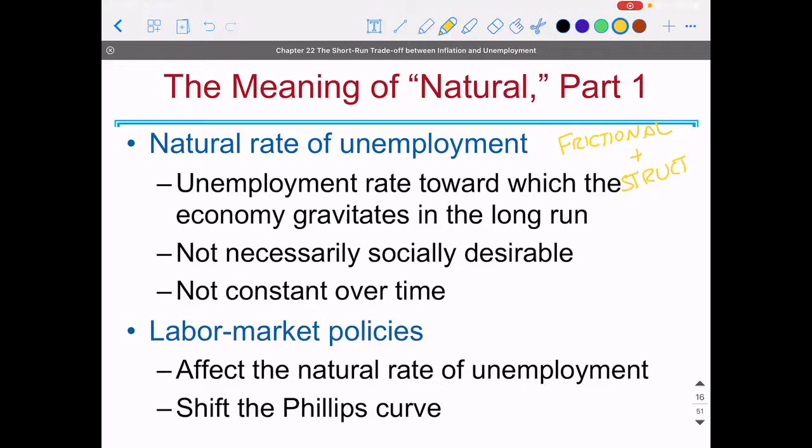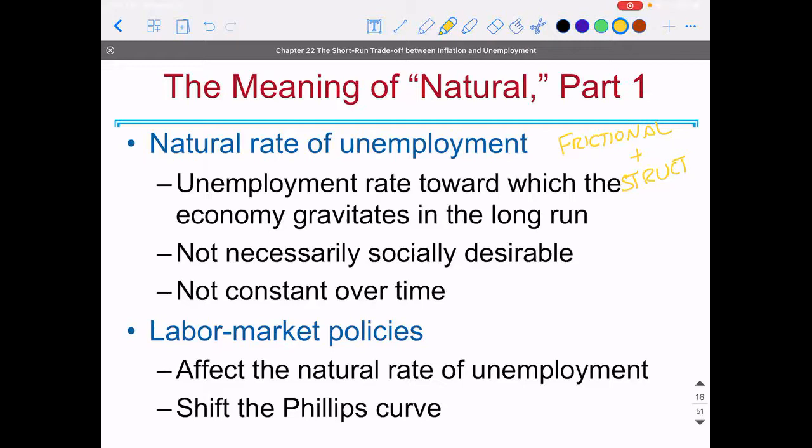Now, this natural rate of unemployment is also socially determined. By that we mean, if you've got pro-employer policies that really don't put up a lot of roadblocks to hiring an employee, then employers will hire them quickly, because they know they can fire them easily, or because they don't have to pay them as much.